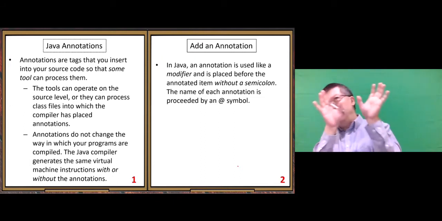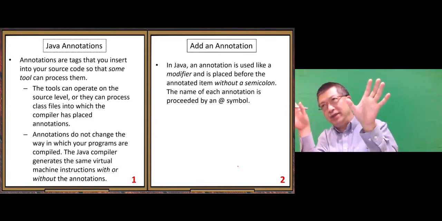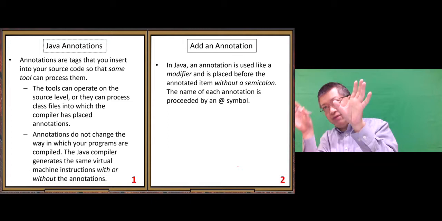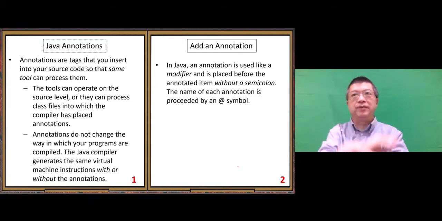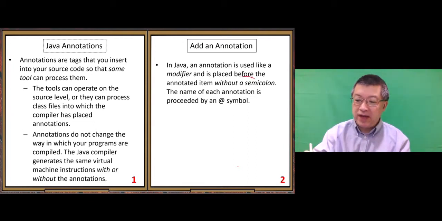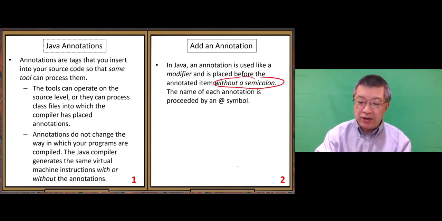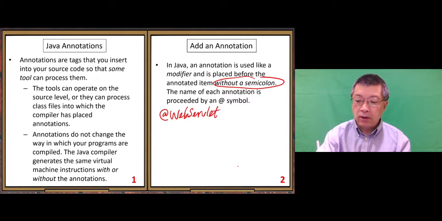So we want to annotate a servlet, so we apply it before our servlet, to modify our servlet. Without a semicolon. That's important. So let me recall our annotation, @WebServlet, parenthesis, hello.